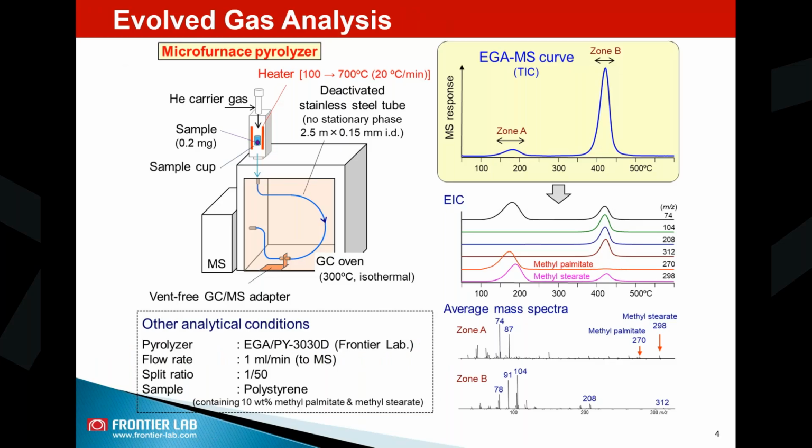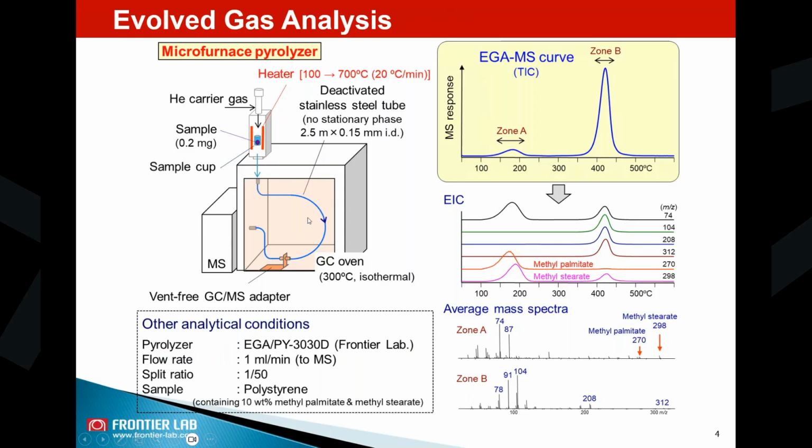Okay, that tells the thermal stability of the material. On the other hand, evolved gas analysis is a kind of technique that is coupled to a GC column and mass spectrometer. Okay, so what you see here is the Frontier Lab pyrolyzer that can be connected to a GC, directly inserting the outlet needle to the inlet of the GC.